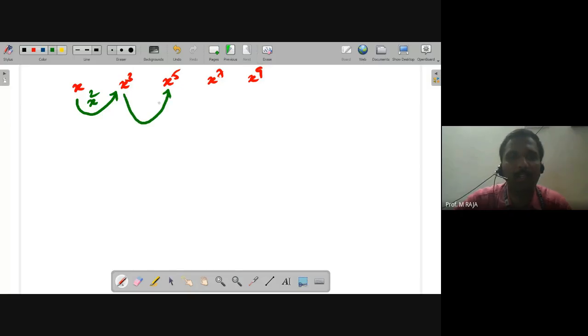Then x power 3 multiplied by x square gives x power 5. x power 5 multiplied by x square gives x power 7.